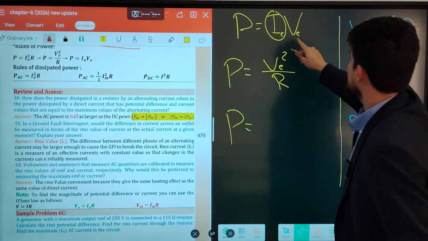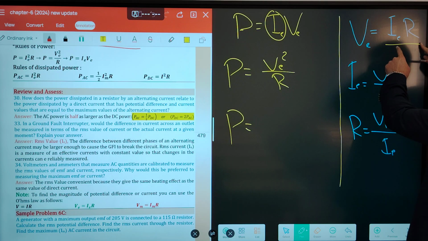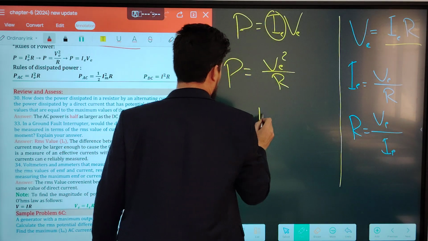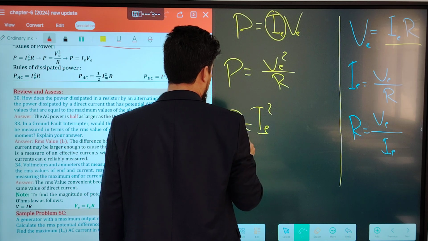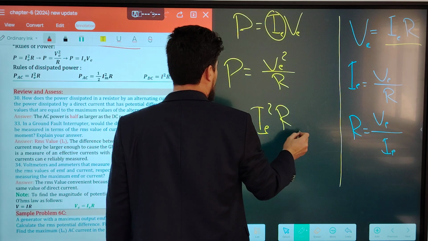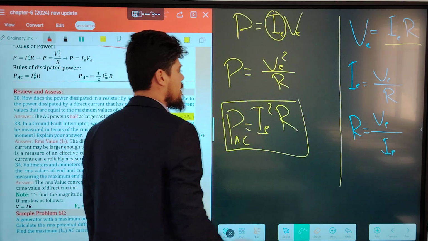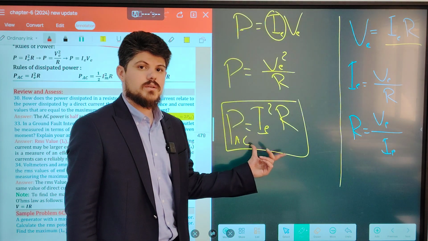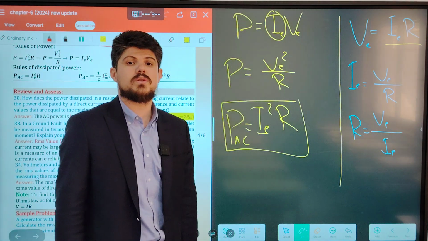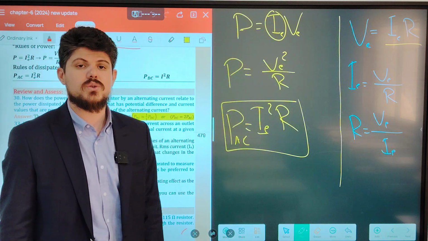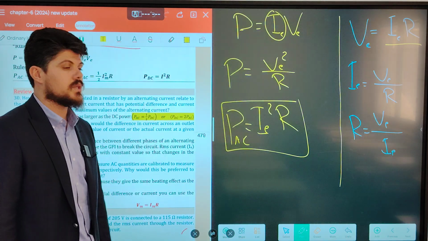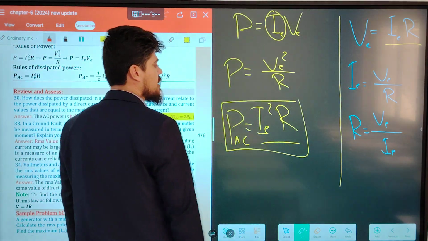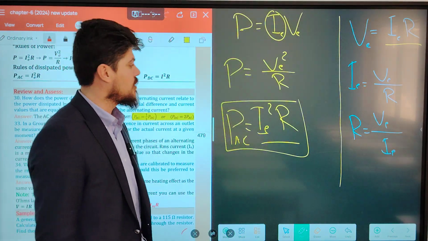And instead of this VE, write IER, and with IE already in the equation, it becomes IE squared R. This equation can be used to determine the power dissipation. And the other equation can be used to find the power of the source, the power of the generator, for example. But the power dissipated is determined by the current and the resistance of the resistor. Okay?